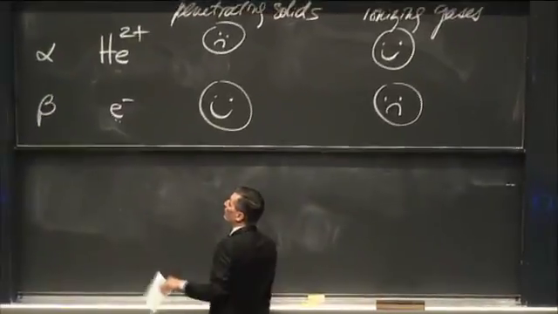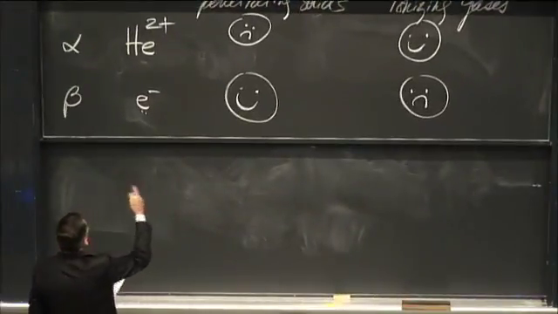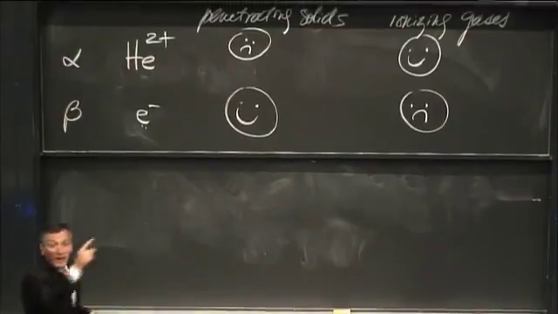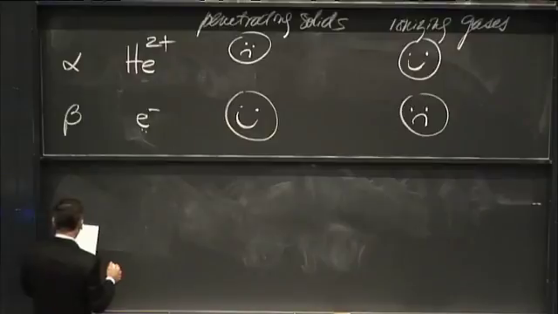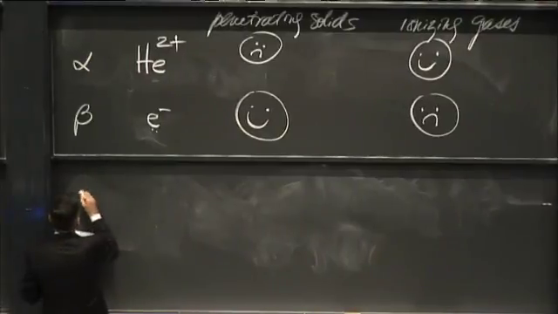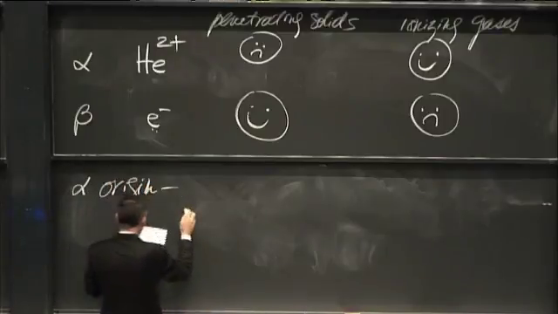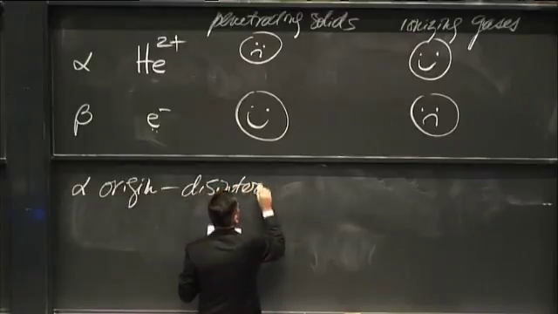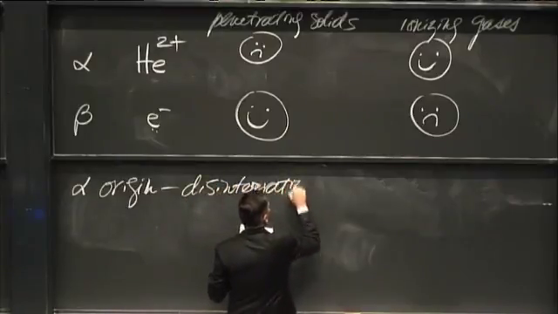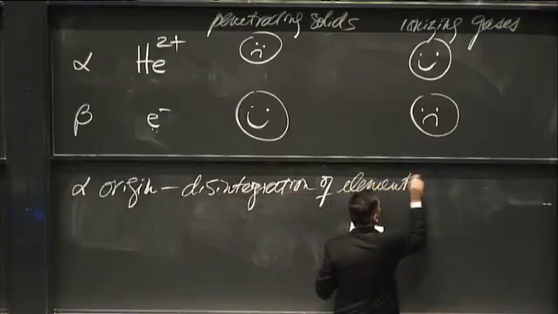and while he was there, he continued to do work on the origin of alpha particles and won the Nobel Prize for his work while he was at McGill. And so when he determined that the alpha particle origin is in the decomposition, the disintegration of elements.